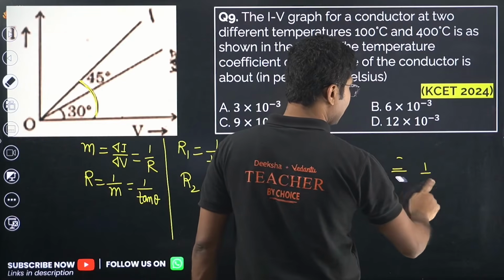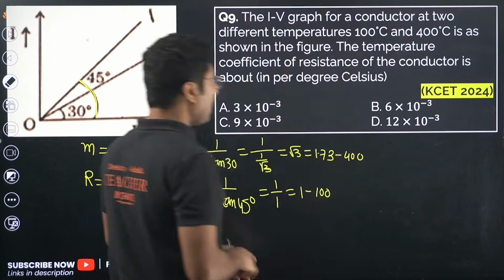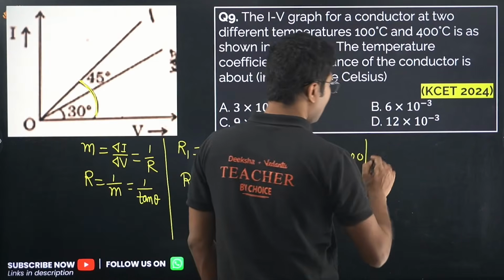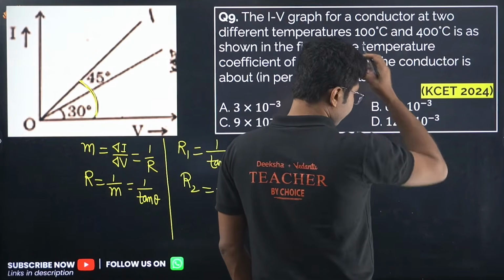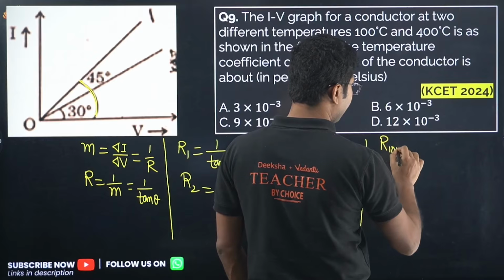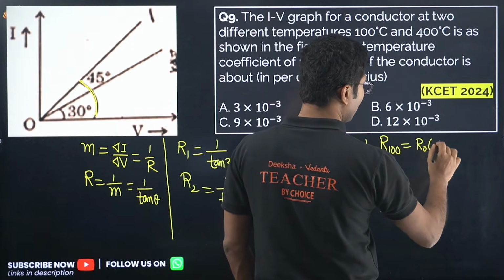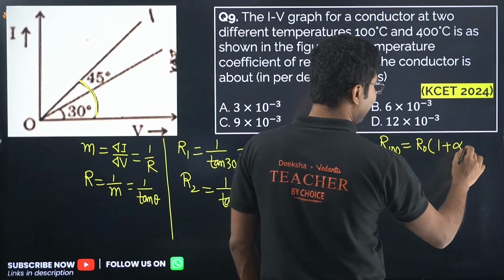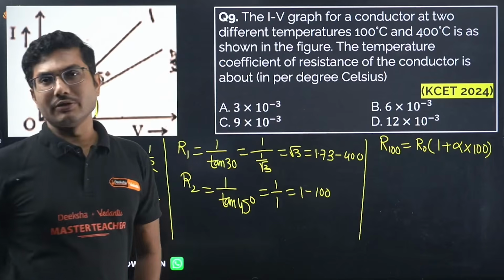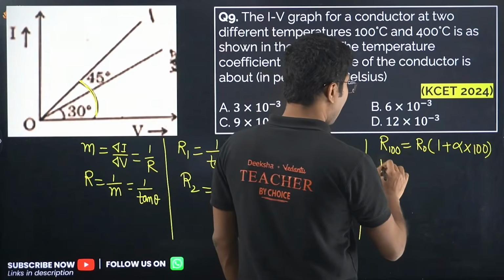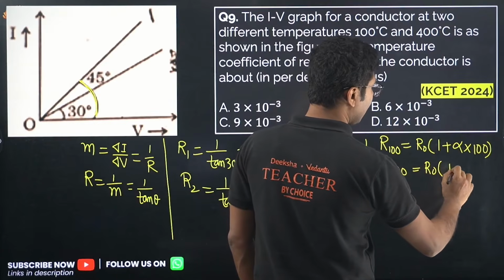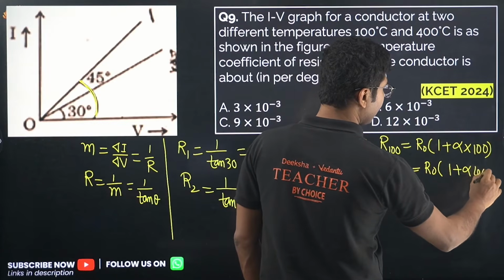Now how to calculate the temperature coefficient? Very simple. R100 can be written as R0 into 1 plus alpha into 100, where R0 is the resistance at 0 degrees. And R400 can be written as R0 into 1 plus alpha into 400.